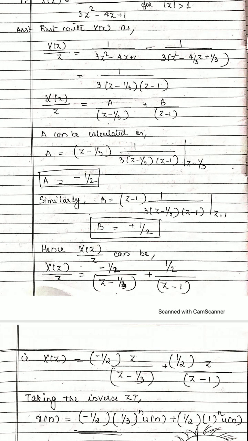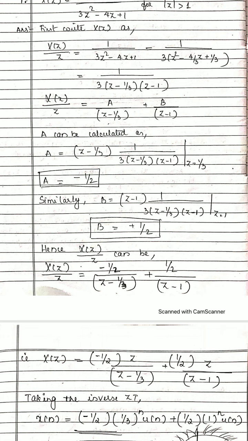To find the value of A, you can find it by different methods as you wish. You can just cross multiply and substitute the values z is equal to 1 by 3 and z is equal to 1. You can get the values of A and B easily.